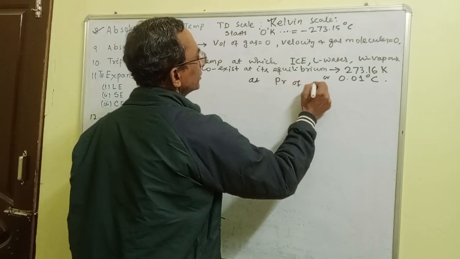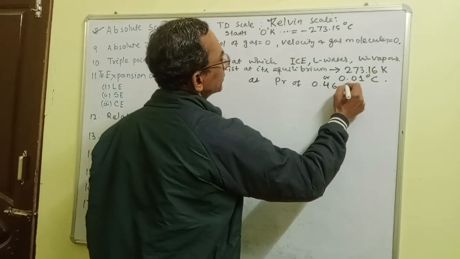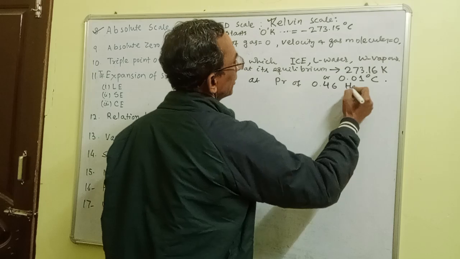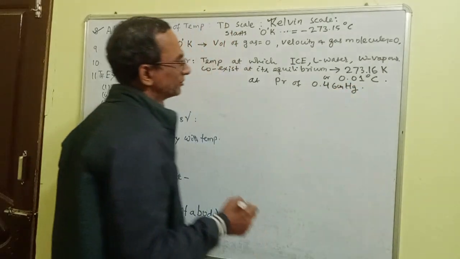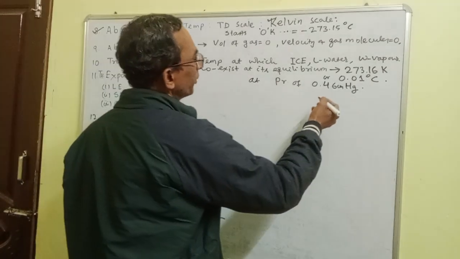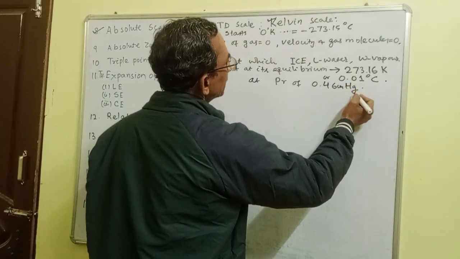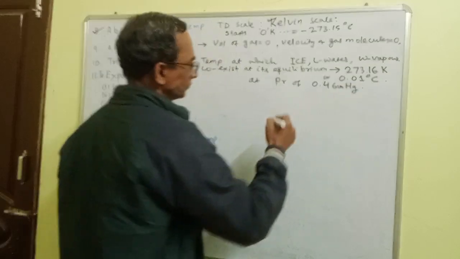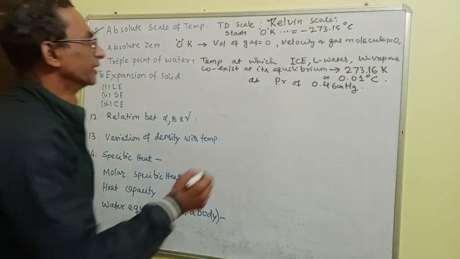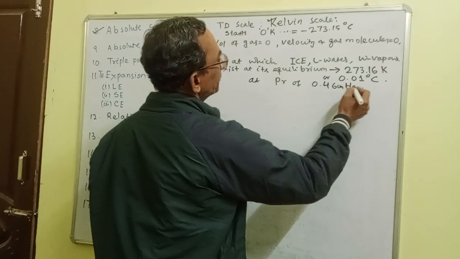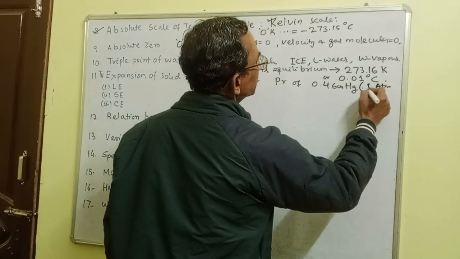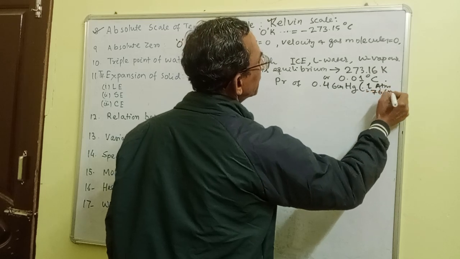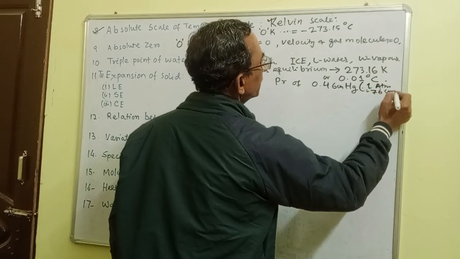at a pressure of 0.46 centimeter of mercury. Atmospheric pressure, we know, is 76 centimeter of mercury. One atmospheric pressure is 76 centimeter of mercury.